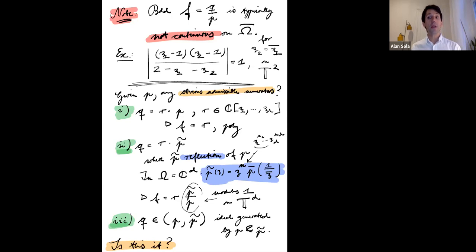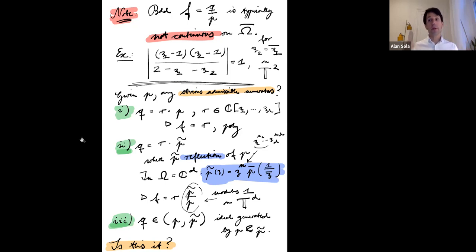So this is going to give me a function f, which is of the form r times P tilde divided by P. And if you attended Greg's talk yesterday, you might remember that this P tilde divided by P is exactly a representation for rational inner functions in polydisks. And so P tilde divided by P is going to have modulus 1 on the d-torus, and that means that r times this function is a bounded rational function on the polydisk D^d.